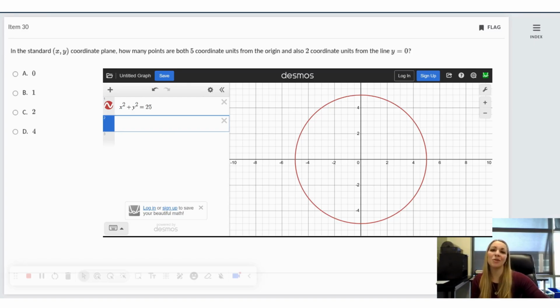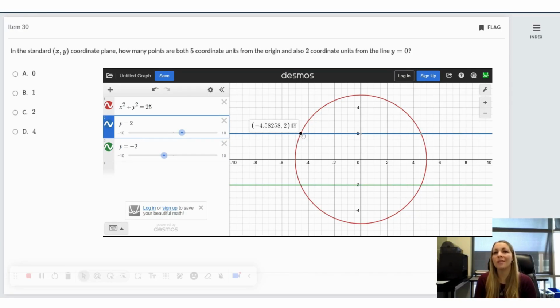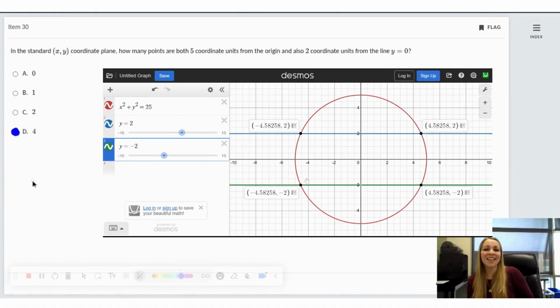This happens on 2 lines, one above, y equals 2, and one below, y equals negative 2. Now we want the points to satisfy both equations, where the circle and the 2 horizontal lines intersect. And it looks like this is at 4 spots. So how many points satisfy this? It's answer choice D, 4.